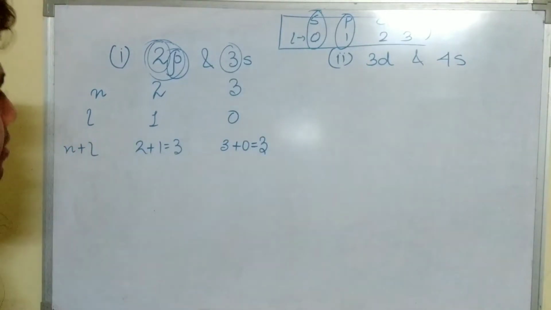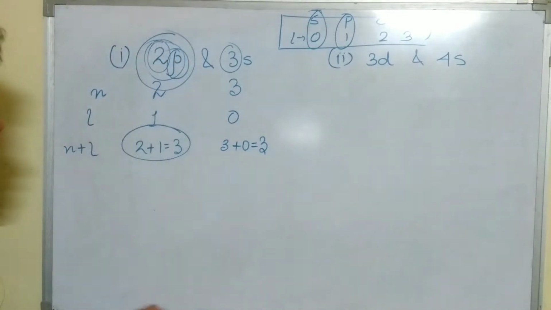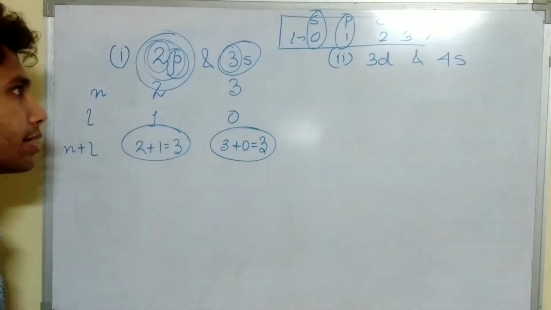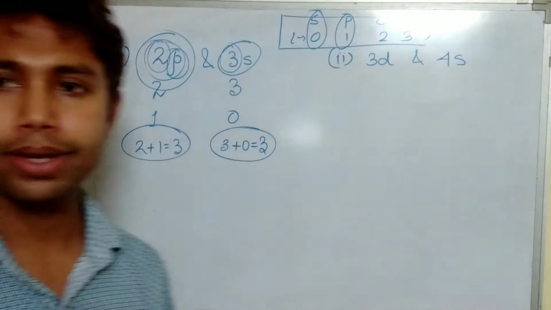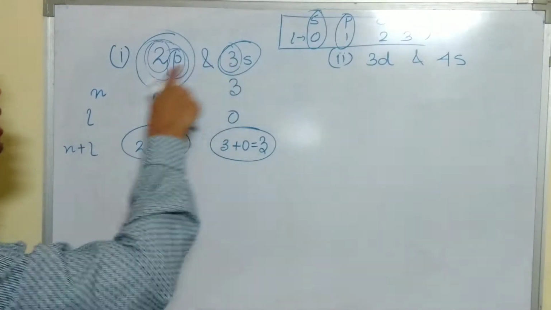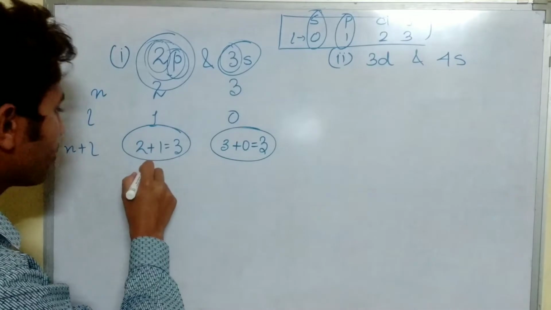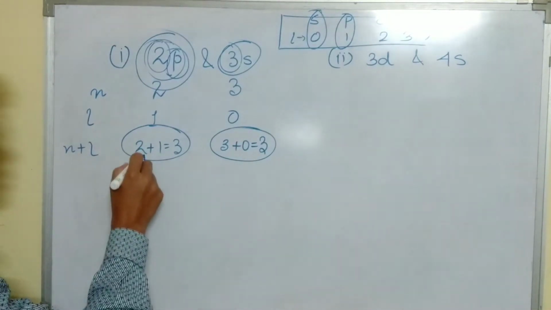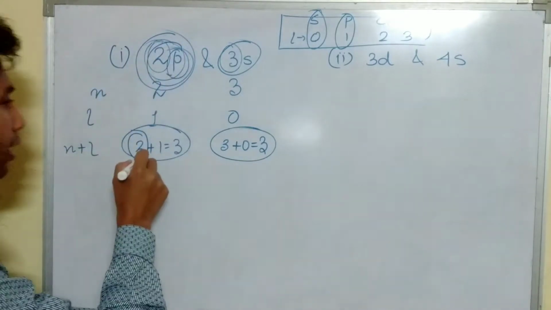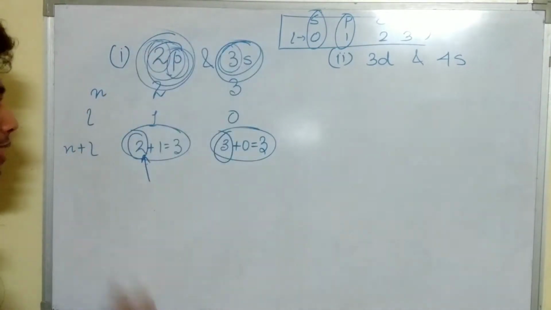So in this case we see that n plus L value for 2p orbital and n plus L value for 3s orbital are the same. So in that case, the n value for 2p orbital is less than the n value for 3s orbital.